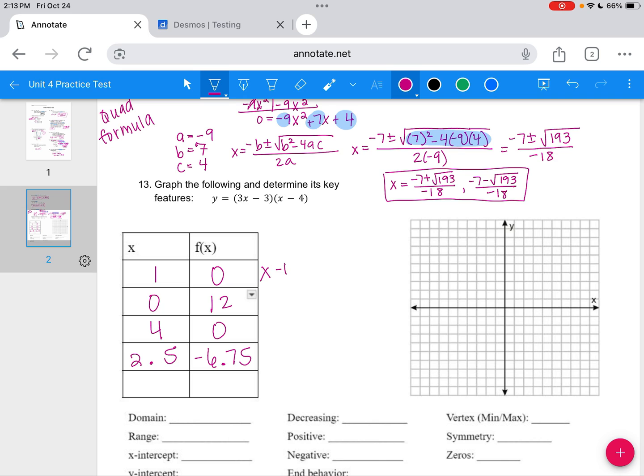This is an x-intercept because y is 0, so it's this one. This is a y-intercept because x is 0, and this is a vertex. So I'm going to put those on my graph.